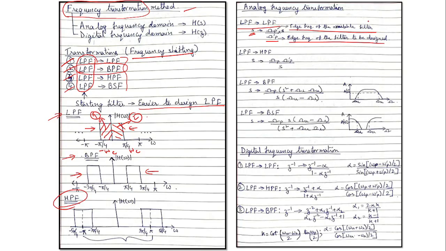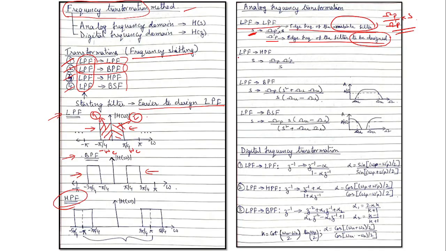In the numerator we have the available filter, in the denominator we have the specification of the to be designed filter. So S will be replaced with omega p divided by omega p dash multiplied by S. Simple mathematical formula.